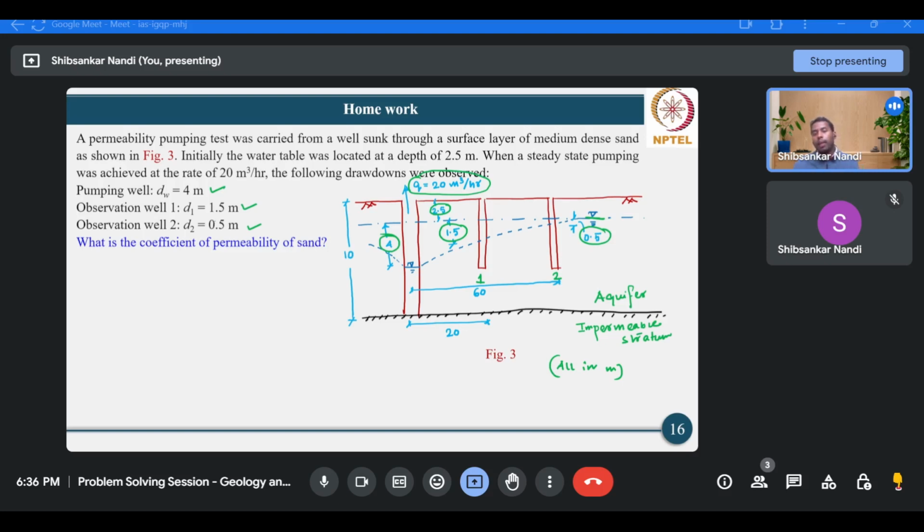This is a typical example of determination of coefficient of permeability based on a field test. What kind of field test? Pumping out test.